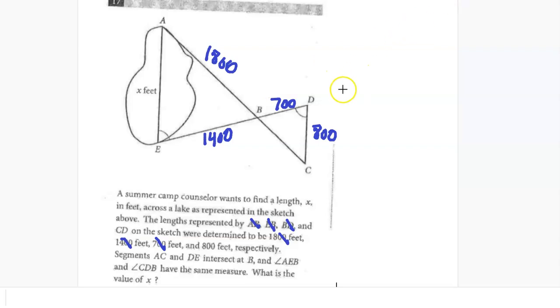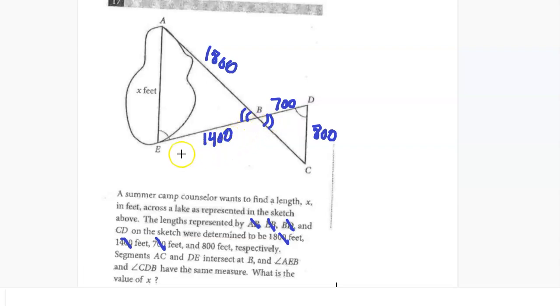Let's set up our proportions. One of the big things you need to notice is which sides are actually in proportion to each other. You've got this angle and this angle that are congruent. Angles ABE and DBC are also going to be congruent because they are vertical angles.